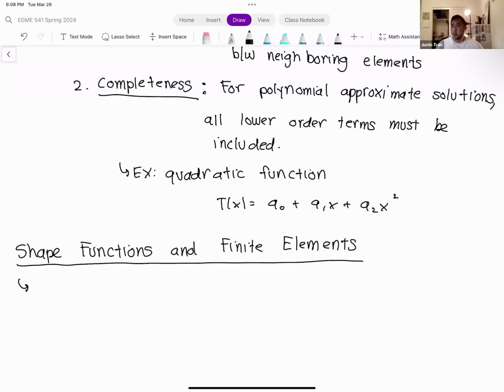All right. So now that we know the requirements and what we aim to do, let's actually start deriving a solution. We're going to start with the simplest case here. So let's start with a two-node linear element with a piecewise linear approximation function.